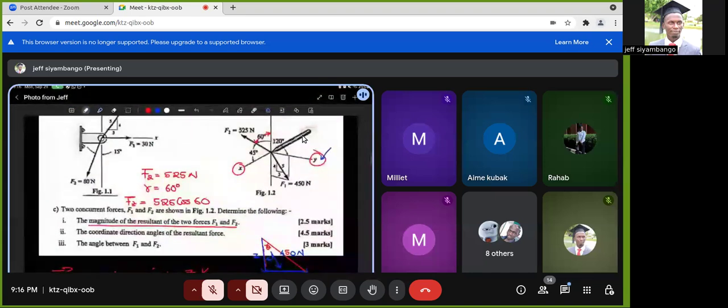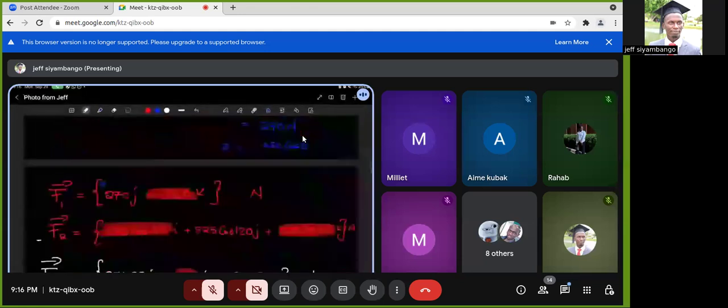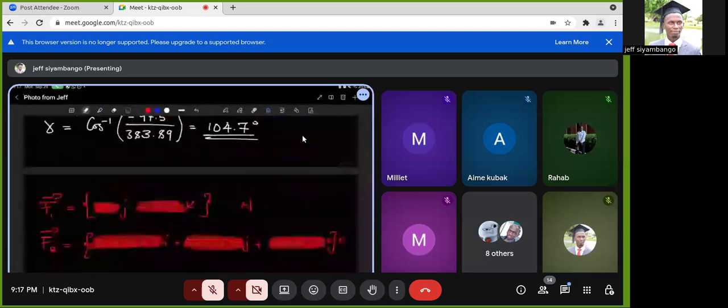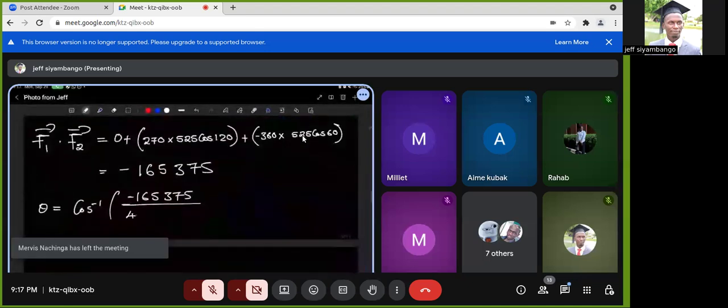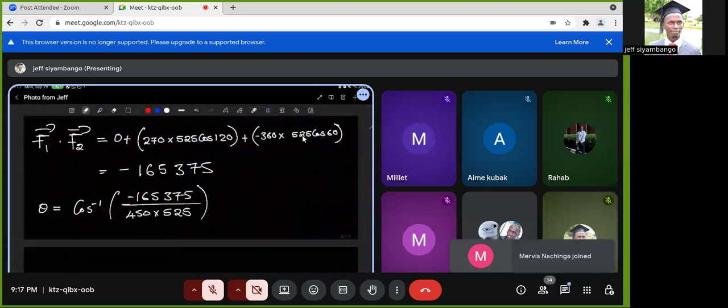F1 magnitude was 450, F2 was 525. So we have 450 multiplying 525. So multiply those, divide there, and get the inverse. What would be the answer?